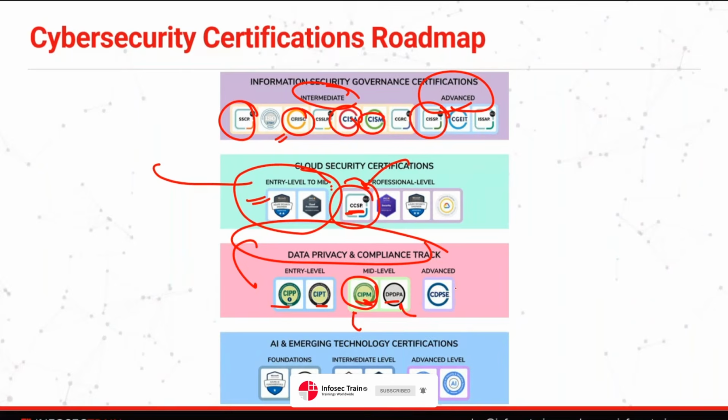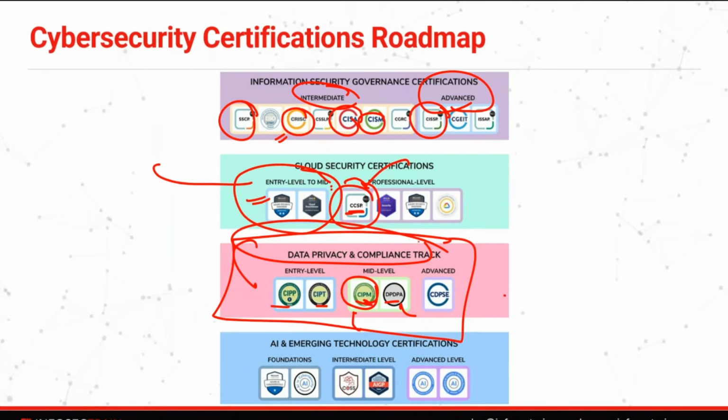The advanced one is CDPSE, Certified Data Privacy Solutions Engineer. So that is what certificates you can opt for. If you're looking for an entry level role, these are the certifications you need to go for.